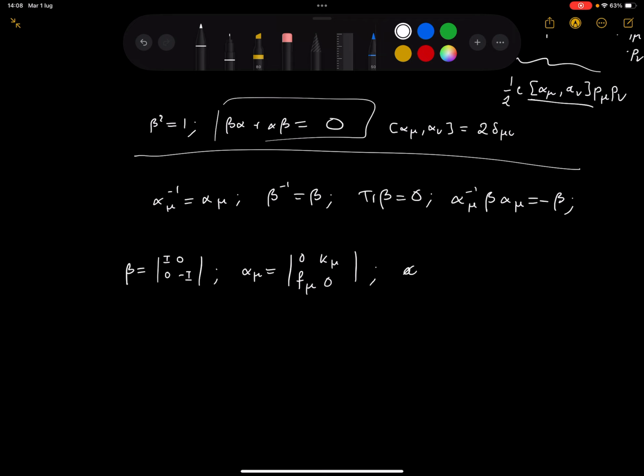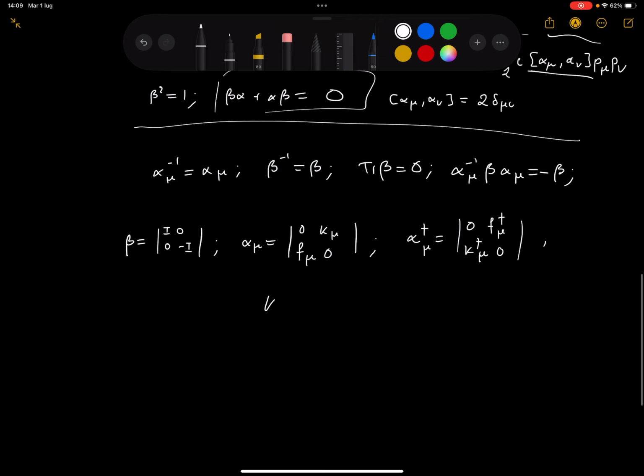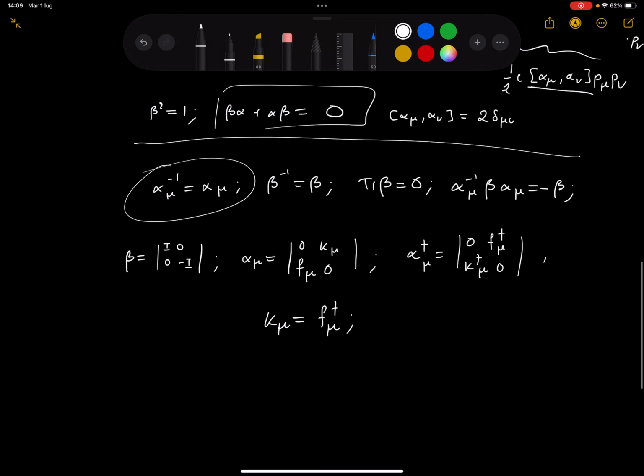The conjugate of alpha, the Hermitian conjugate, will be 0, f dagger mu, k dagger mu, and yeah, so k mu will equal f dagger mu, right? Because this, and k dagger mu will equal f mu.